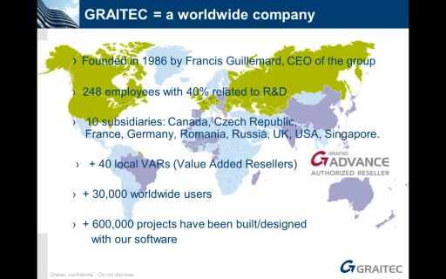In addition to these subsidiaries, we have also a huge network of resellers in south of Europe, in east of Europe, in Netherlands, but also in Asia, in Japan, China, India, Australia, but also in Africa and South America. We have more than 30,000 worldwide users, and we estimate that more than 6,000 projects have been done or built or designed with our software.